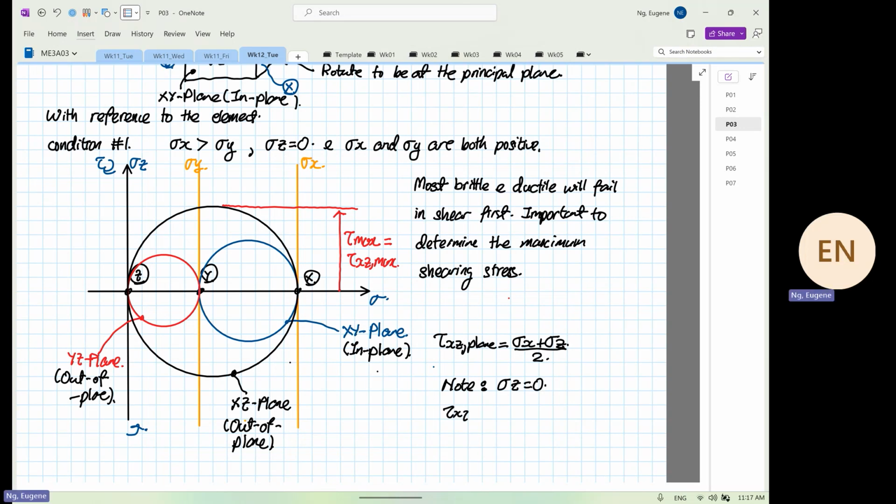Shear XZ max is equal to your tau max, and this is equal to your stress X divided by 2, or stress max divided by 2. Okay, I'll see you guys in an hour's time.